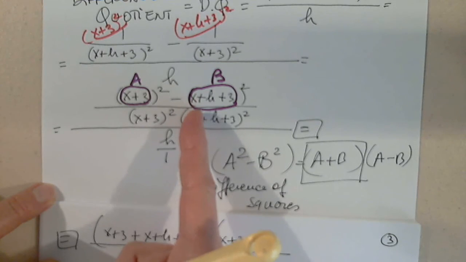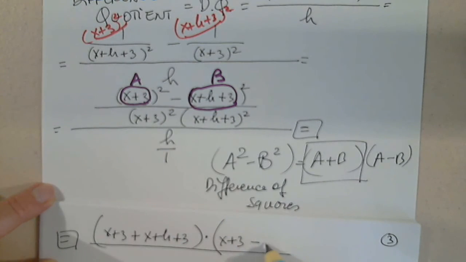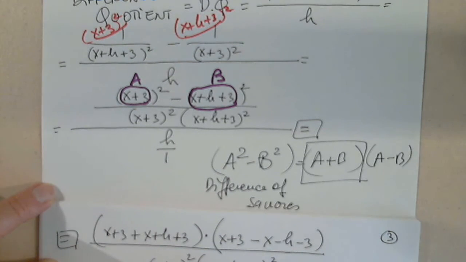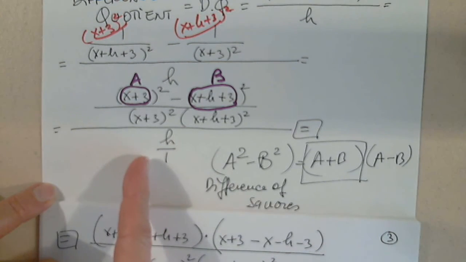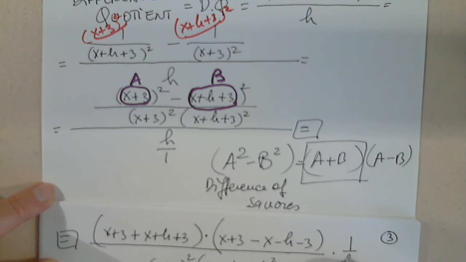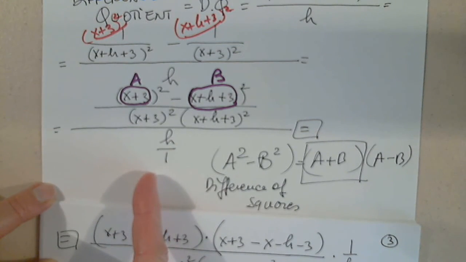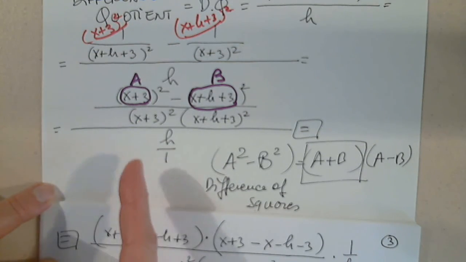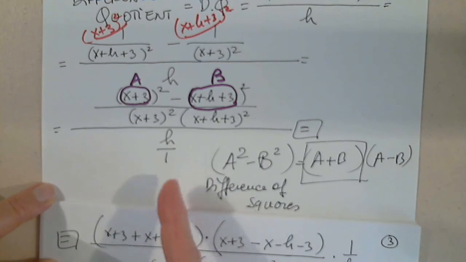And I have to distribute a negative sign to all three terms. Minus x, minus h, minus 3. Over x plus 3 squared, which I will never expand, as well as x plus h plus 3 squared. And I'm multiplying by the multiplicative inverse of this. There are two fractions divided. I copy the top and I flip the denominator.